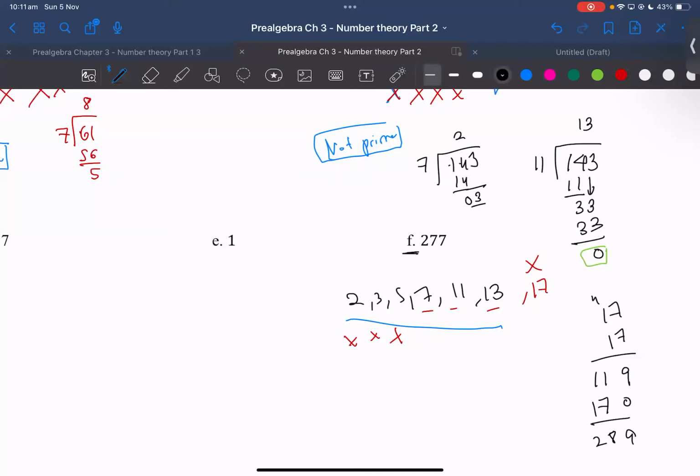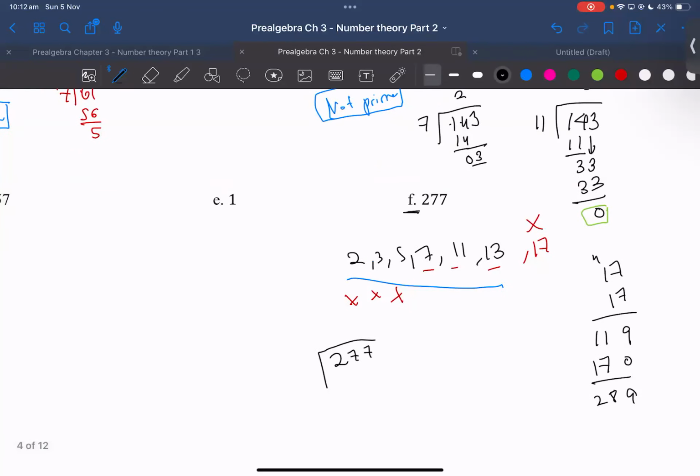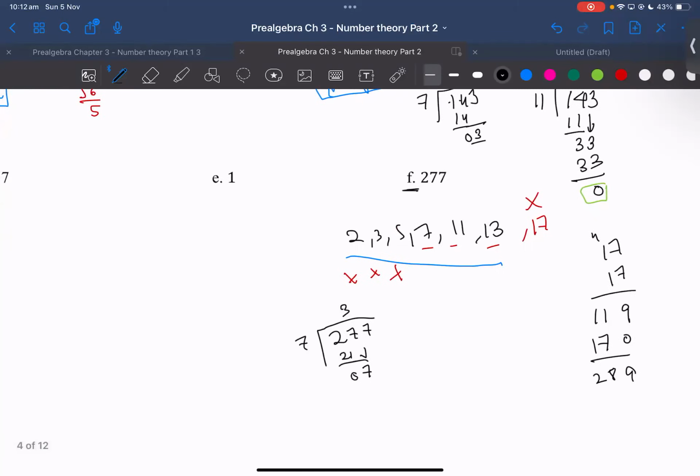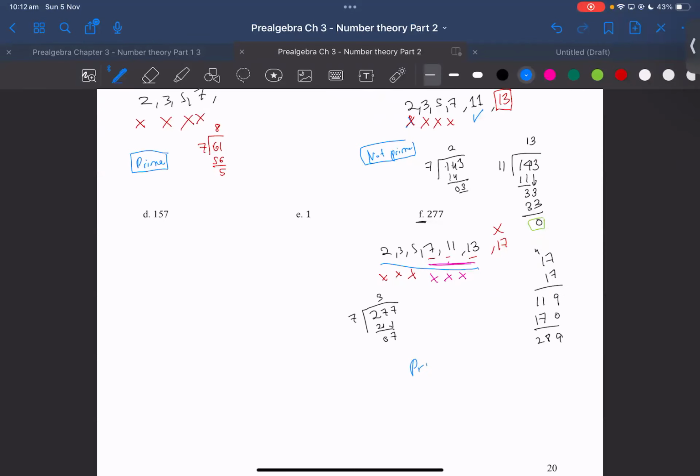And if you check, you see that none of the numbers work. 277 divided by 7 will have some remainder, I think it's 4. Whatever. None of these will work. So it is prime. The answer is yes, it is prime.